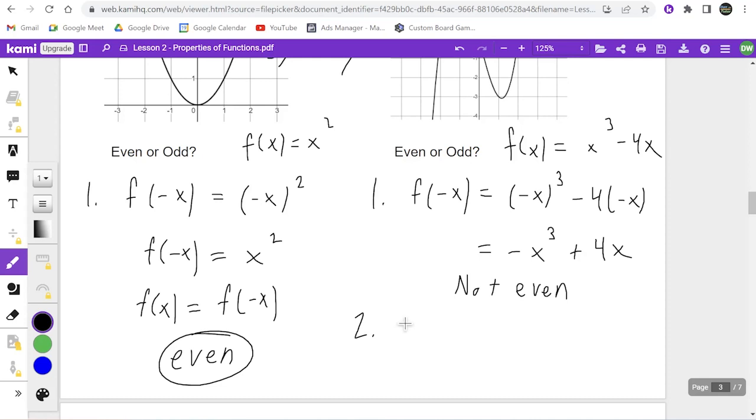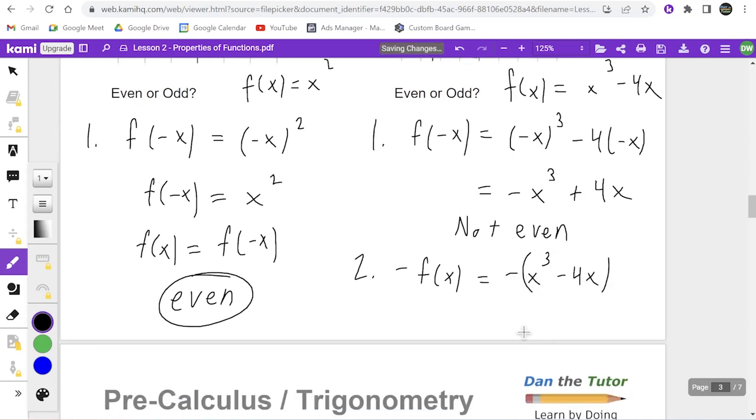Step two is you got to tell me what negative f of x is to prove if it's odd. Here's the easiest way to do negative f of x. First, just rewrite f of x. It was x cubed minus 4x. Then put it in parentheses and put a negative sign out in front. Now look what happens when I distribute the negative sign to both terms. I get negative x cubed, and then the double negative on the 4x becomes positive 4x.